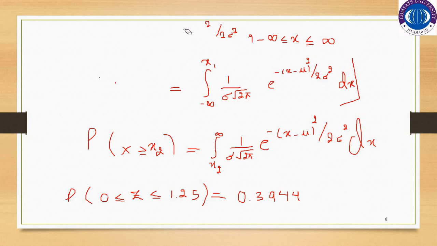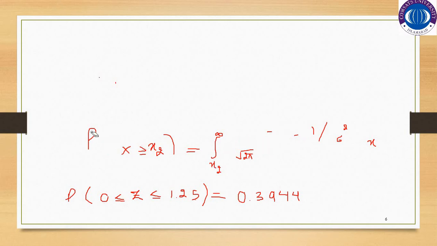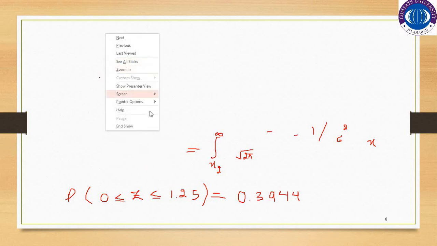So what will you do then? 0 and minus 1.25, as z is the random variable and its limit is from minus infinity to infinity, so that can take the value minus 1.25. So what will we do in this case?